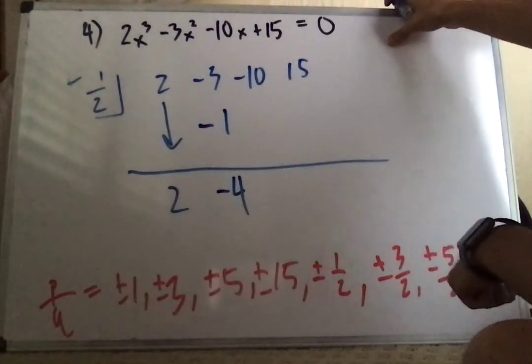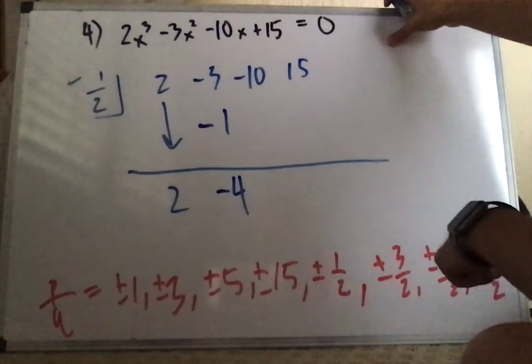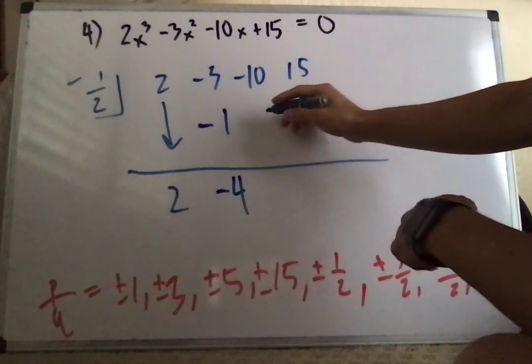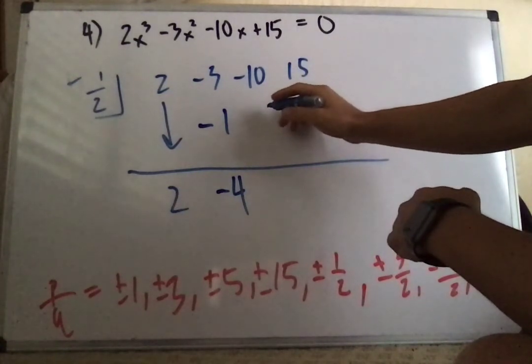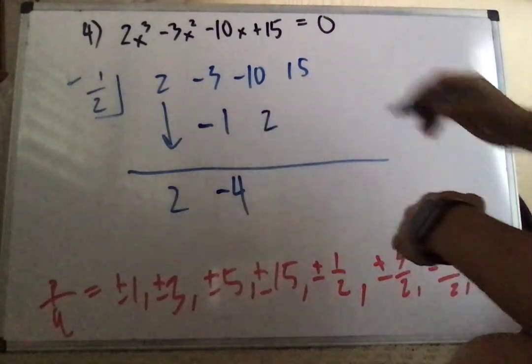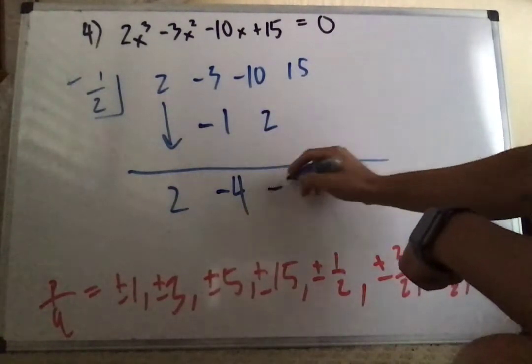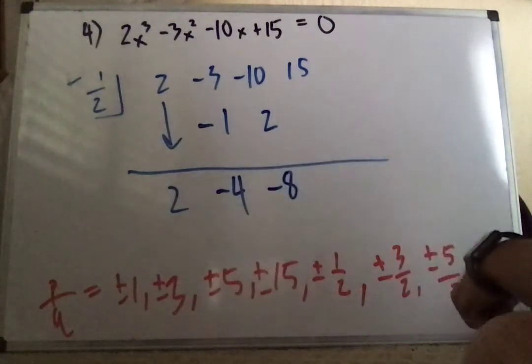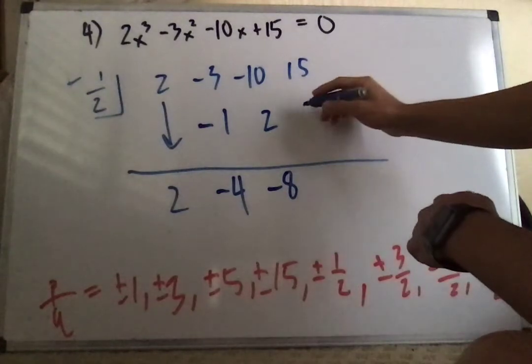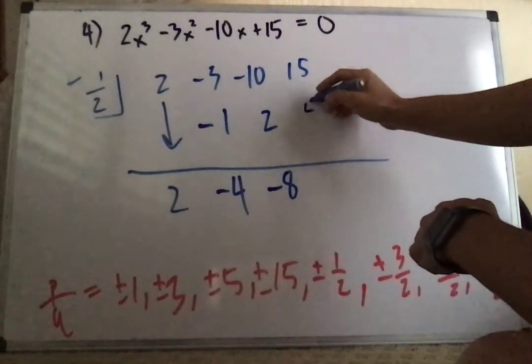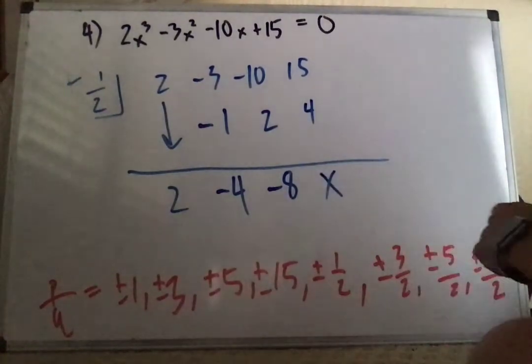Negative 4 times negative 1/2 is positive 2. Negative 10 plus 2 is negative 8. And negative 8 times a half is going to be positive 4. So that's not 0. Okay, did not work.